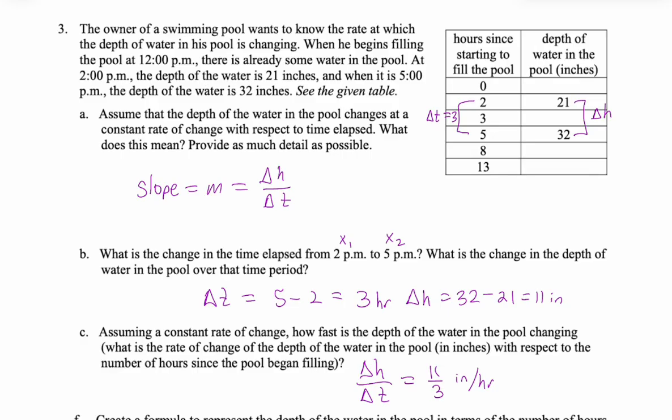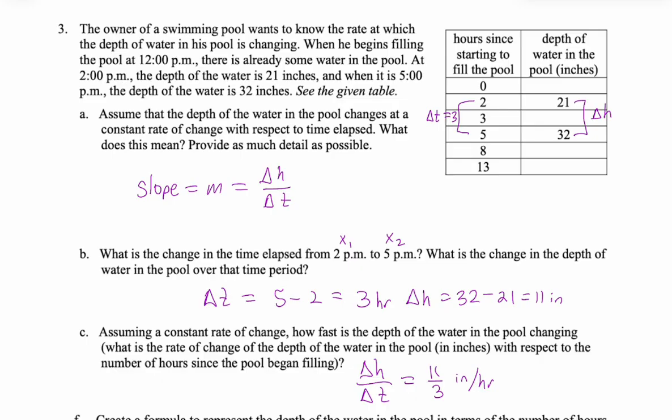Now I know 11/3 isn't a great number as far as its decimal keeps on going. It is 3 2/3, 3.666 repeating. So when we actually have to put our values in the chart, if we want exact values, I would probably use the improper fraction, but we'll deal with that in a minute, okay?